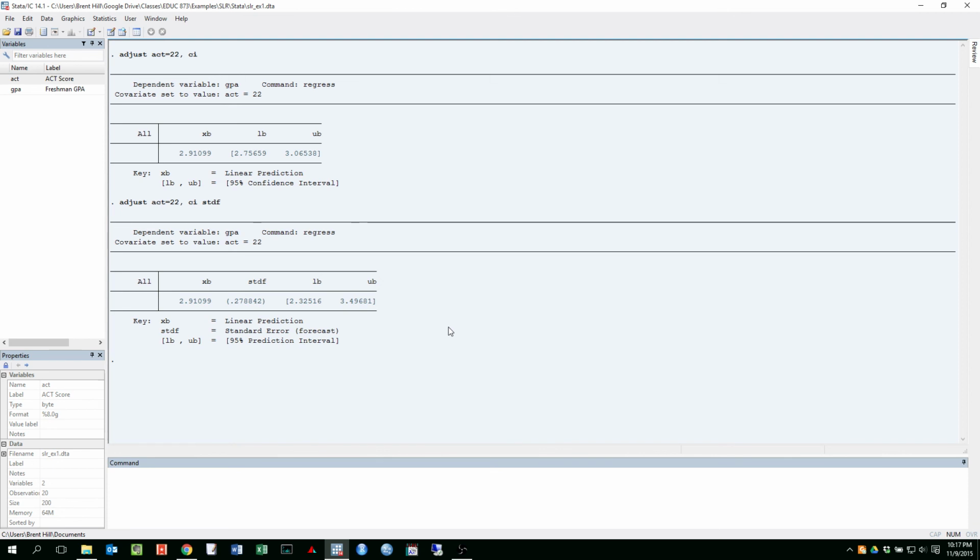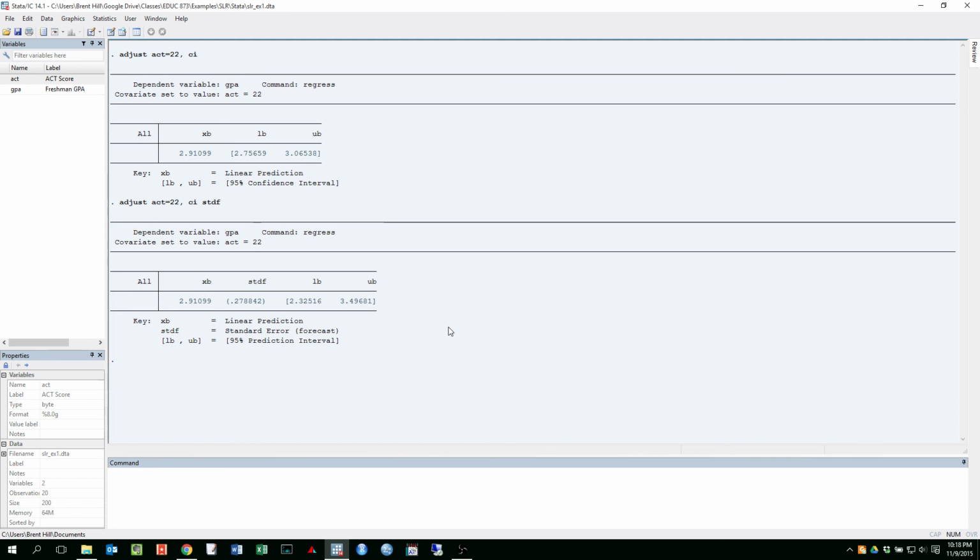And let me say it one more time just to make sure I'm doing this clearly. For the next person that we sampled from the conditional distribution where ACT scores are 22, their GPA has a 95% chance of being within this interval of 2.33 and 3.5.